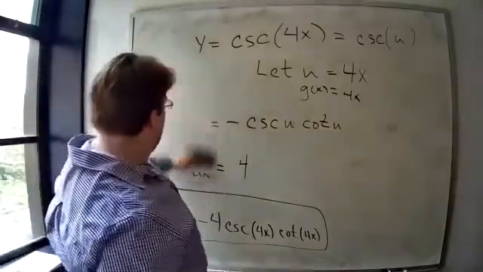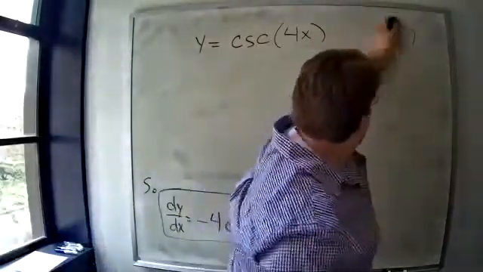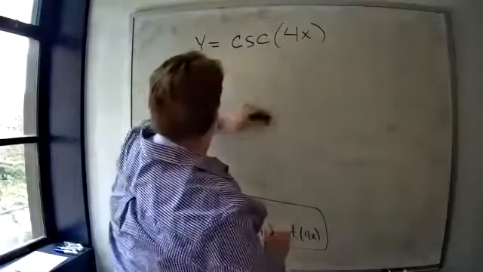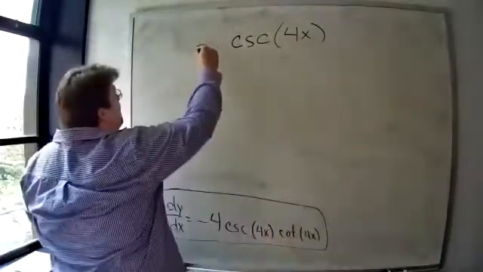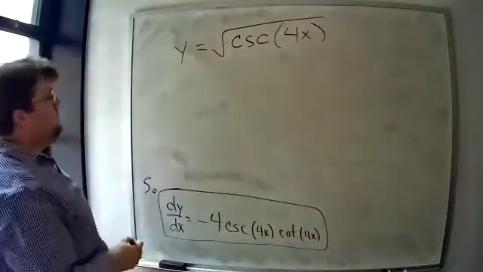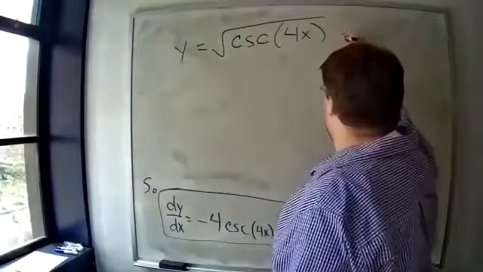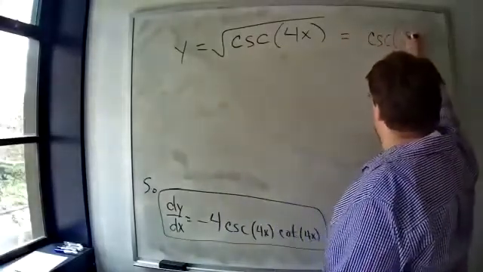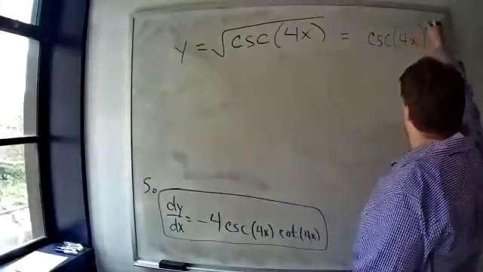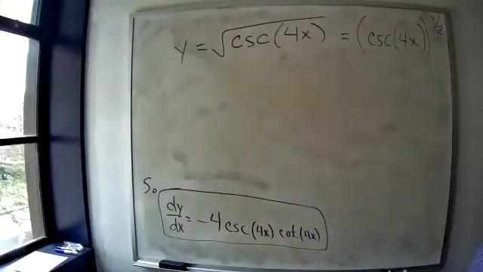So part F is this same function, but with a square root on it. So remember, a square root can be written using an exponent. This is cosecant of 4x to the 1/2.